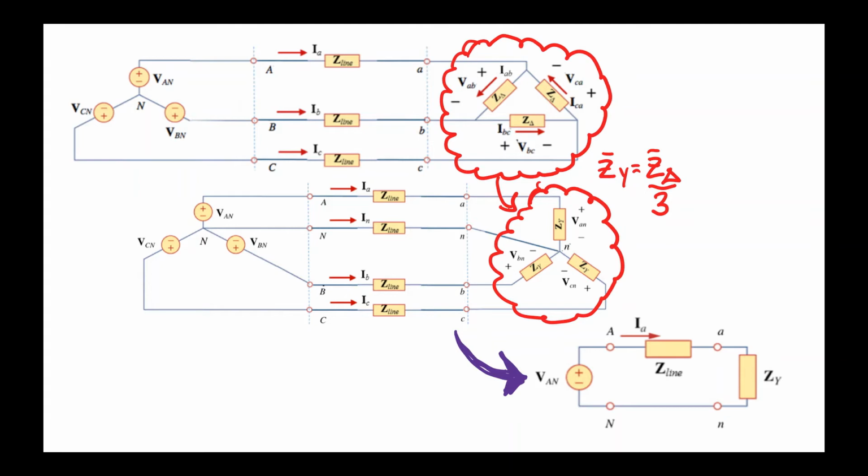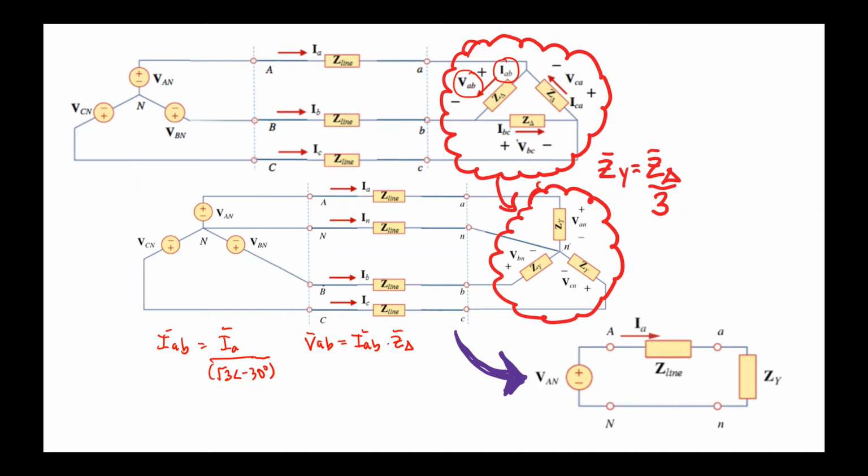Now, because the original Wye-Delta system includes terms that cannot be solved for in the single phase equivalent model, such as VAB and IAB, you must use conversion factors to obtain them. Remember, IAB equals IA divided by root 3 angle minus 30 degrees. VAB could be obtained by Ohm's law, where VAB equals IAB times Z delta.